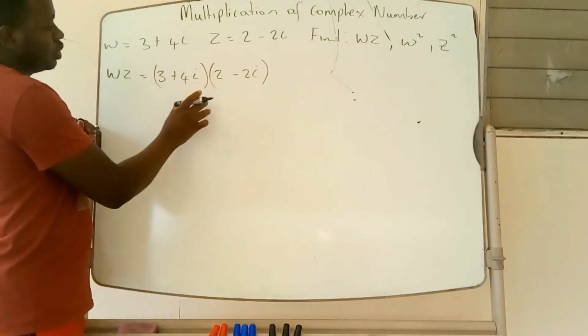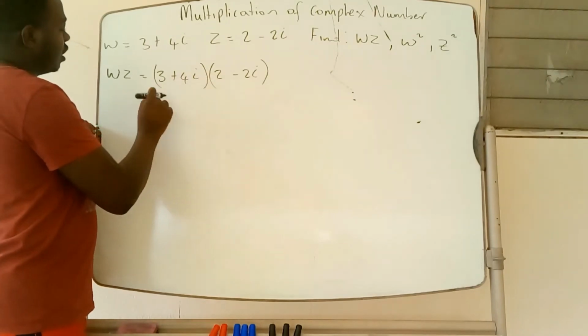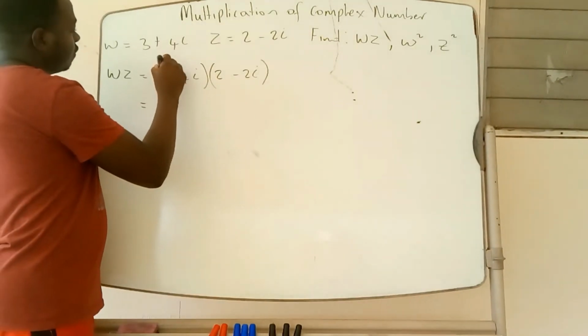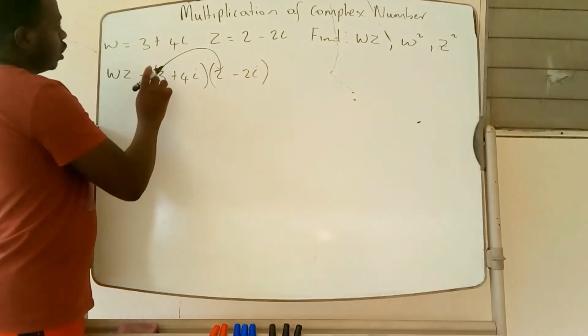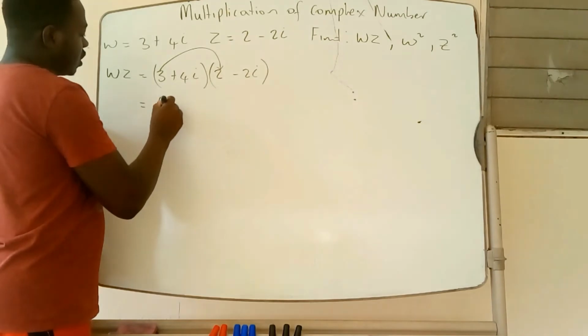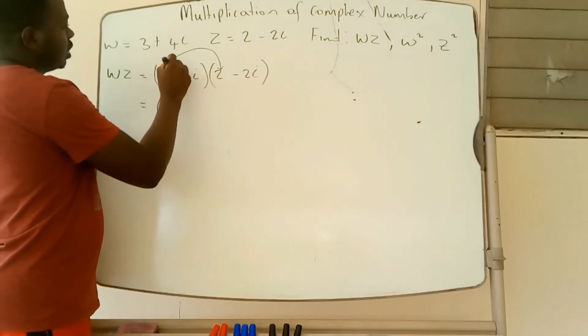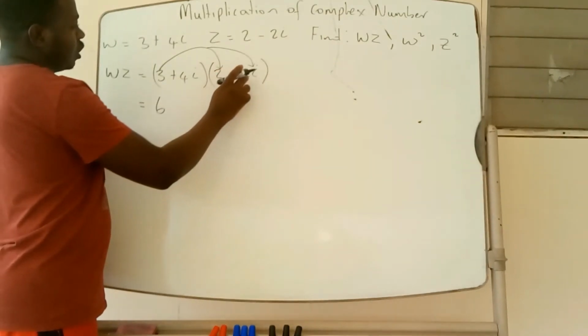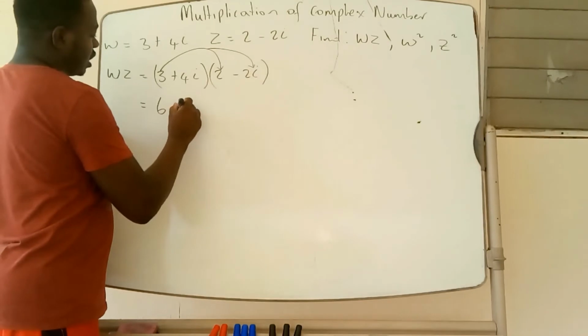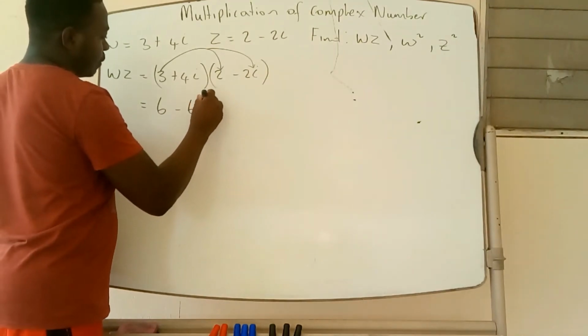Now, how are we going to multiply this? We are going to use the distributive law, right? So we are going to take the first term in the first bracket to multiply the first term in the second bracket. So 3 times 2 gives us 6, right? We're going to take the first term in the first bracket to multiply the second term. So 3 times negative 2i gives us negative 6i.